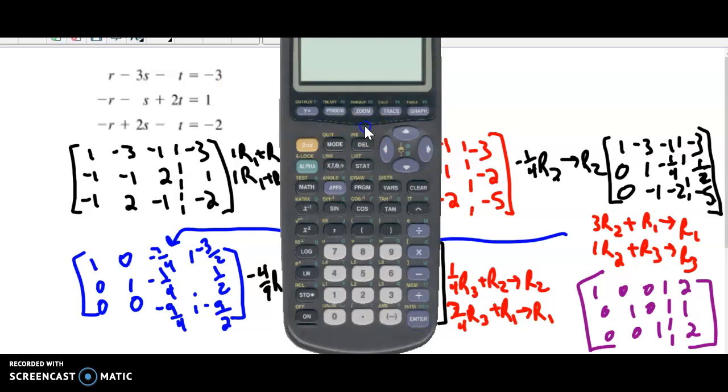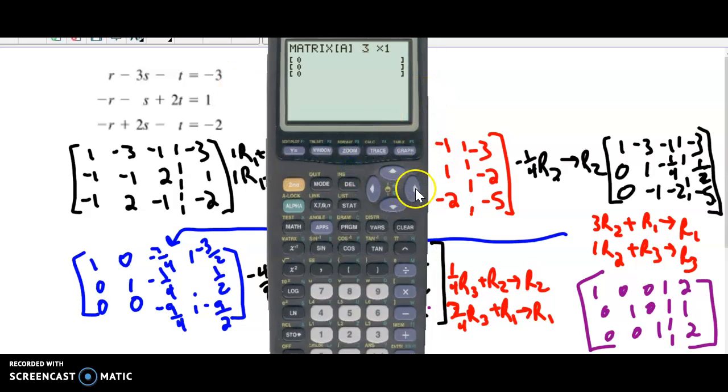The first thing you have to do is enter the correct dimensions, 3x4, and then you hit enter. And then here we go. We have to enter what this matrix is. I literally just type the numbers and the little black box rectangle goes across the rows.